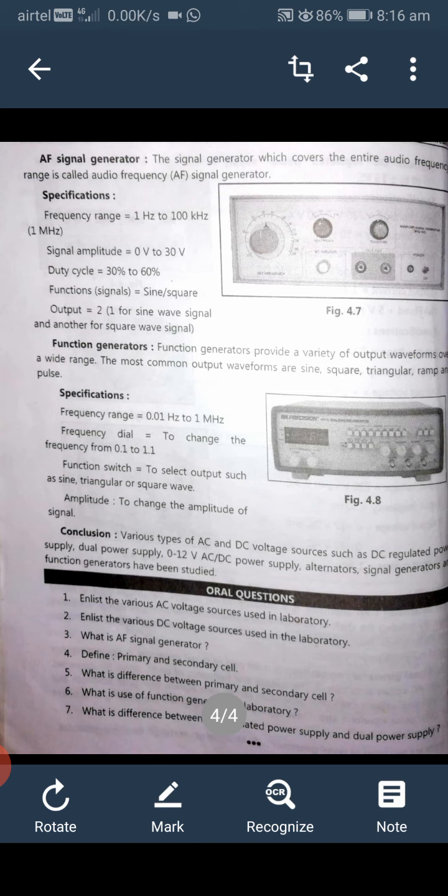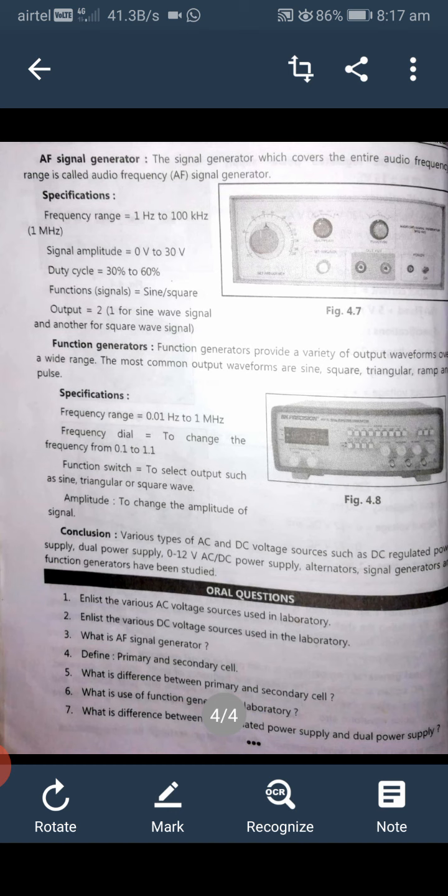AF signal generator. The signal generator which covers the entire audio frequency range is called an audio frequency AF signal generator. The diagram of AF signal generator is given below. The specification of AF signal generator: frequency range is 1 Hz to 100 kHz or 1 MHz.